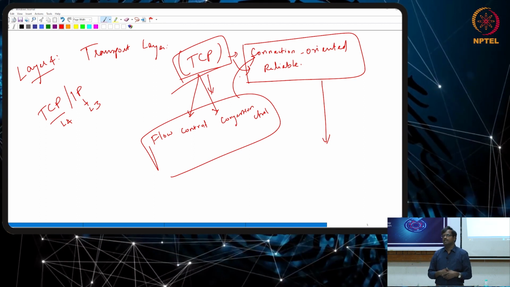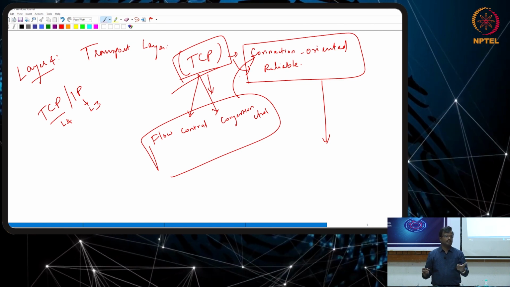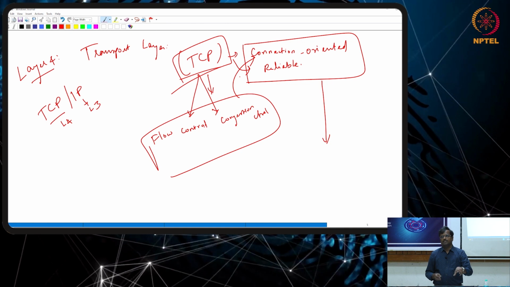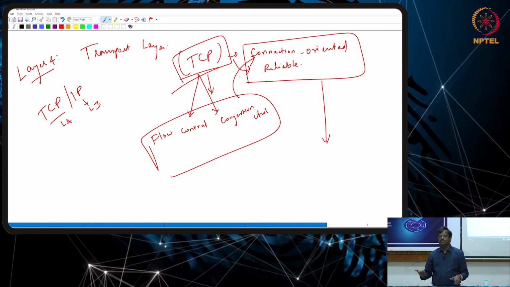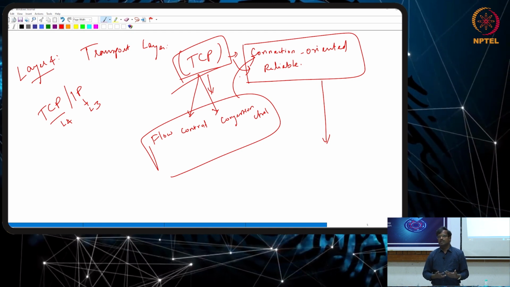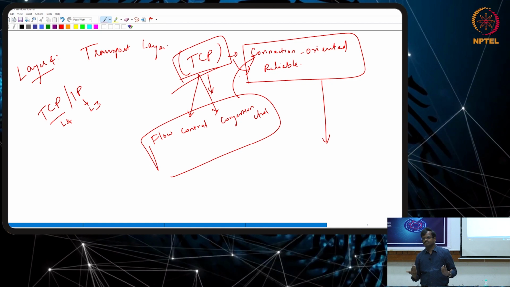They belong to the same application or process. So there is a dependency between one packet and another packet. If one packet is lost, you need to retransmit it. There is a way of identifying it. And if packets are received out of order, you need to rearrange them. For that, you need this notion of connection orientedness.